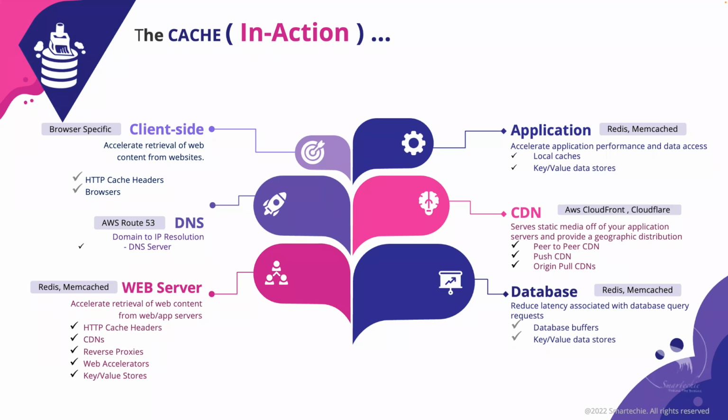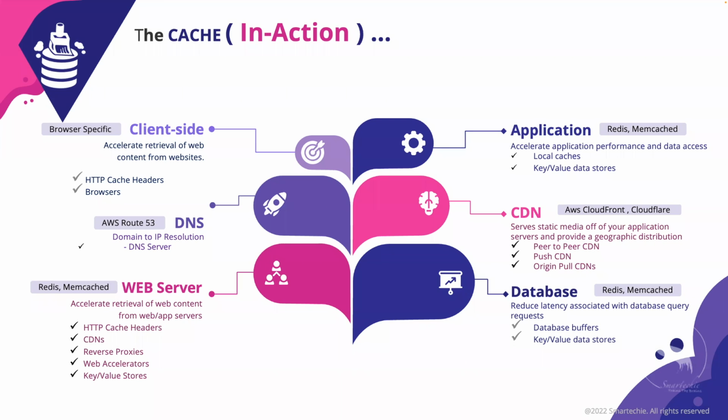The other one is the CDN. The CDN serves the static media of your application servers and provides geographic distribution, right? In all your video content distribution, say Netflix, Amazon Prime, or Hotstar, all those content providers definitely use the CDN, and the CDN has its own caching mechanism, right?